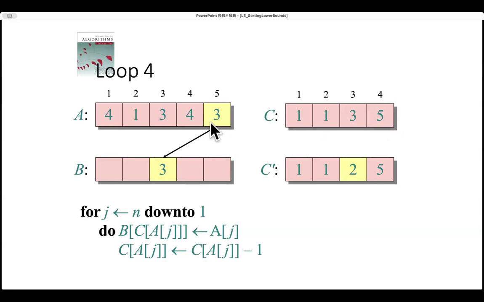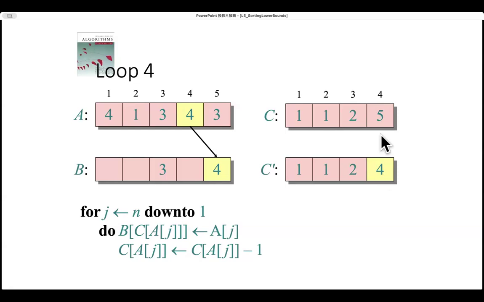Anyway, let's continue. Then we go back one position, to 4. You check index 4, which is 5. So it tells you that you should move this 4 to index 5. Then you decrement this 5 by 1, so it becomes 4.